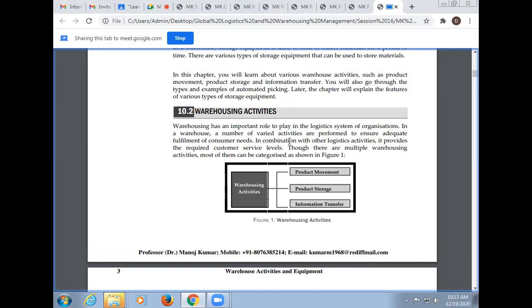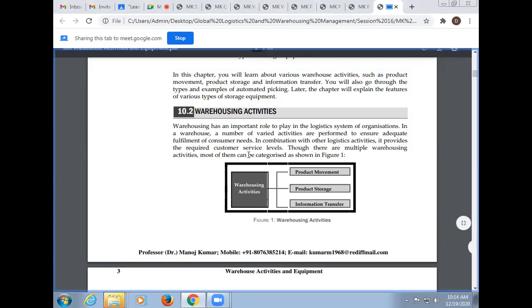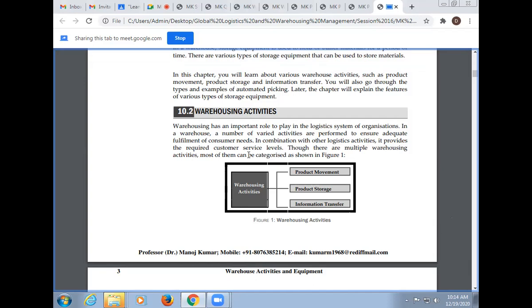Customer satisfaction is necessary for the survival of the warehouses. In combination with other logistic activities, it provides the required customer service level. The required customer service level can also be judged by different techniques, to see how satisfied the customers are.